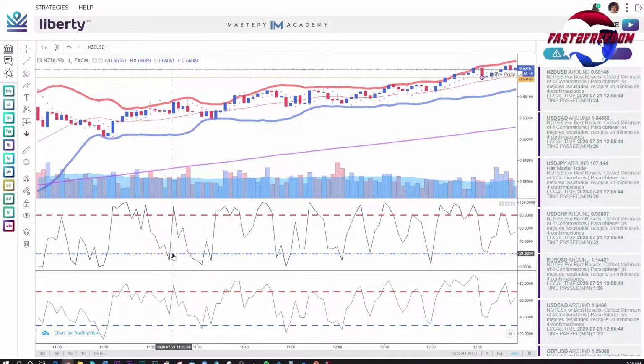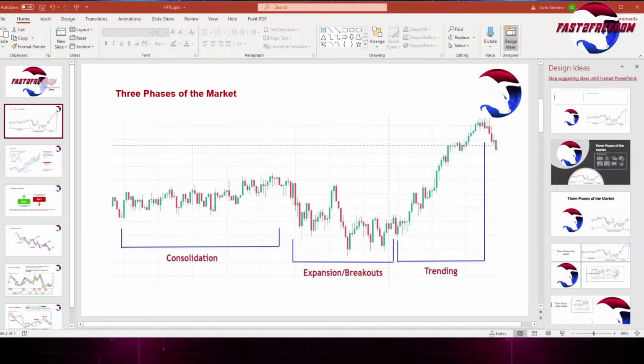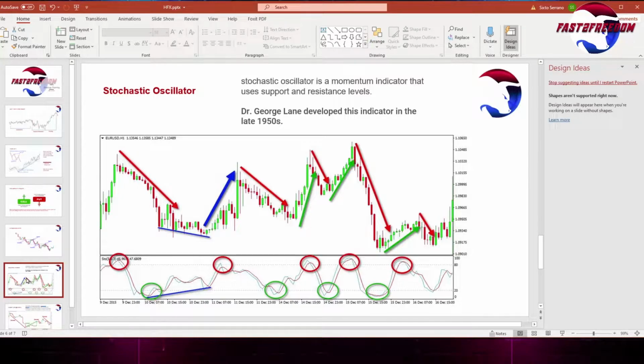So going back, let's see here. Fun fact, here we go. This is pretty cool. So this is what I mean by the stochastic oscillator. The stochastic oscillator is a momentum indicator that uses support and resistance levels.